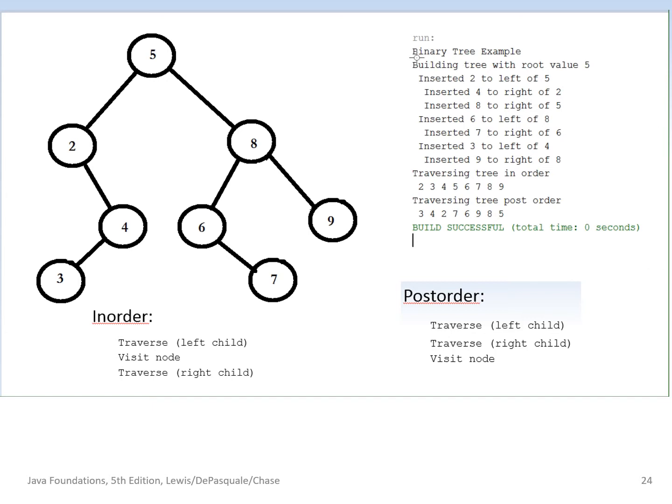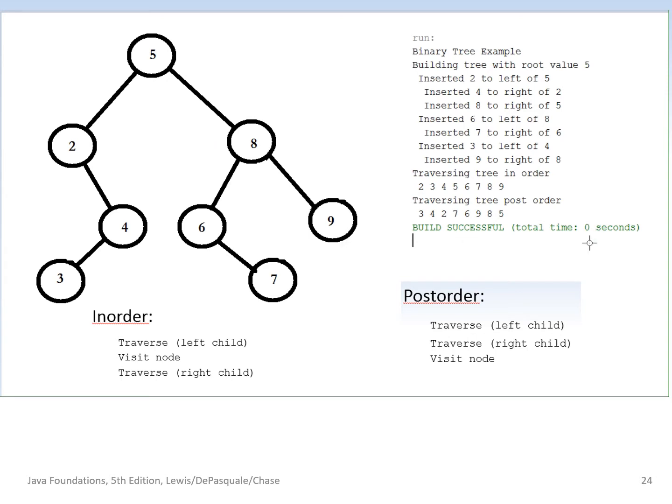So in this example, we start off with building a tree that has a root value of 5. And then we insert 2 to the left of 5. And then we insert 4 to the right of 2, 8 to the right of 5, 6 to the left of 8, 7 to the right of 6, 3 to the left of 4, and 9 to the right of 8.